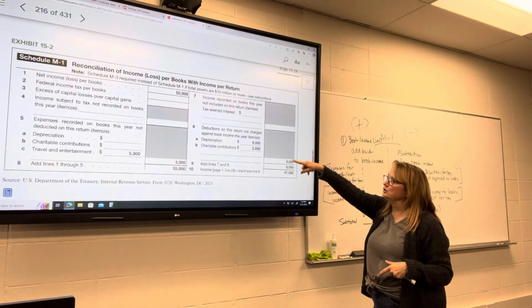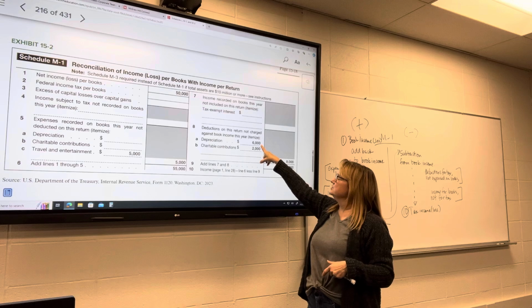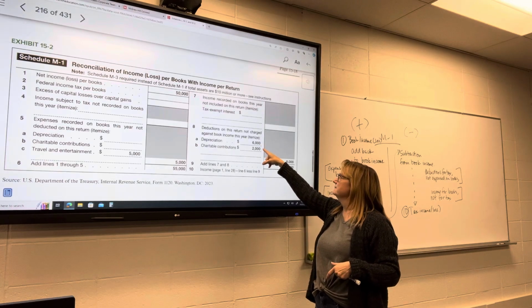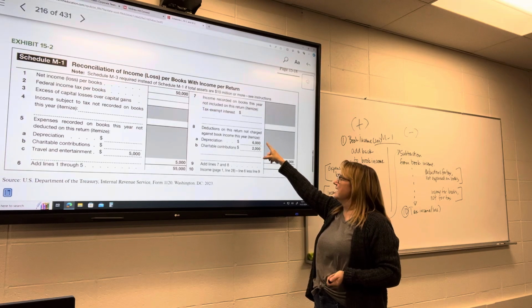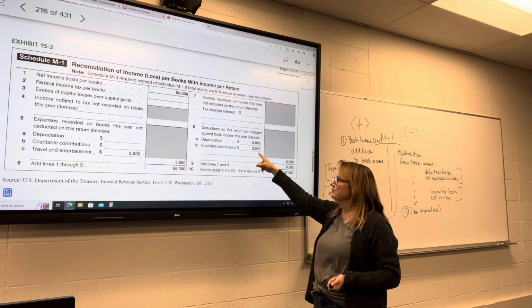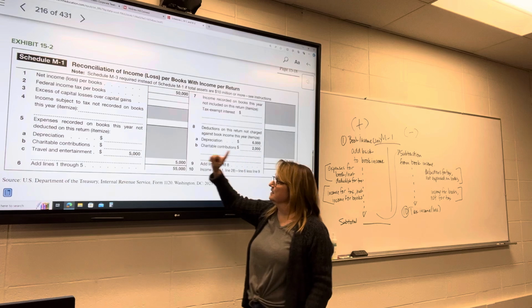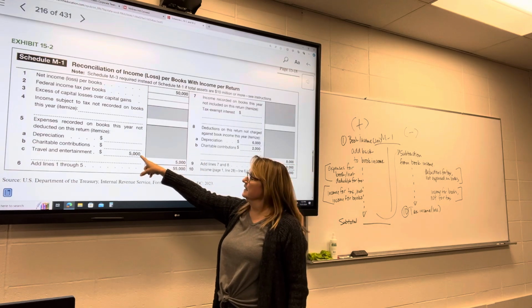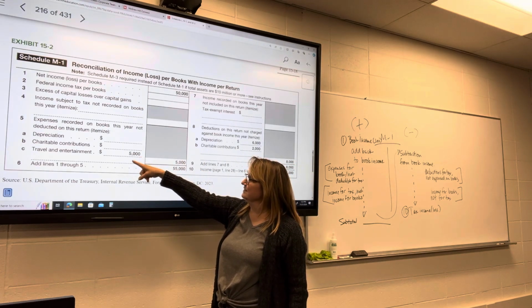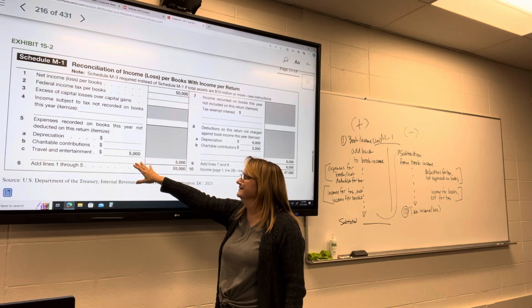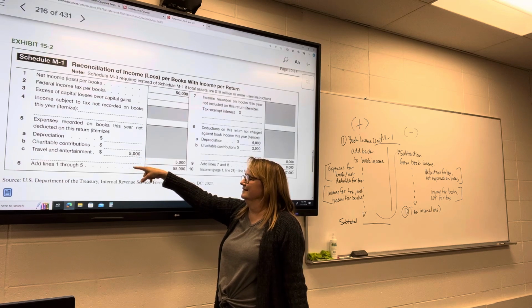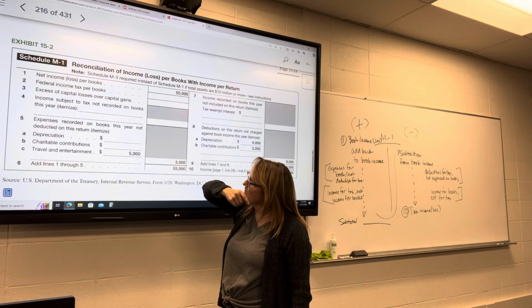So here's what it would look like. The additional depreciation that was on the tax return, the carry forward of the charitable contributions that was on the tax return, and then half of the meals, and they've got it under travel and entertainment here. It's just meals. I don't know why it doesn't say meals.